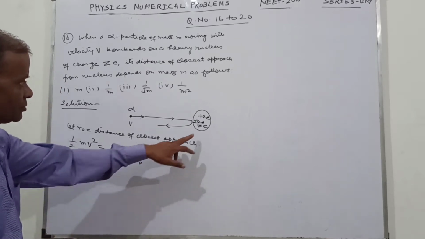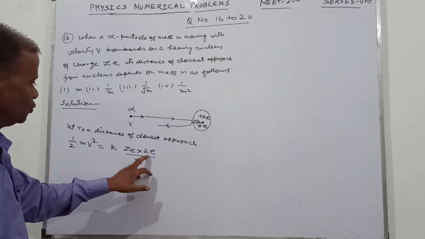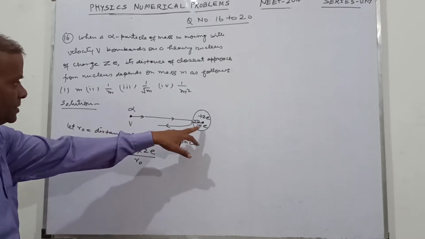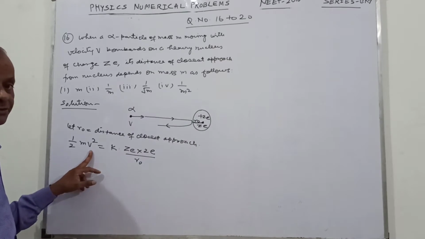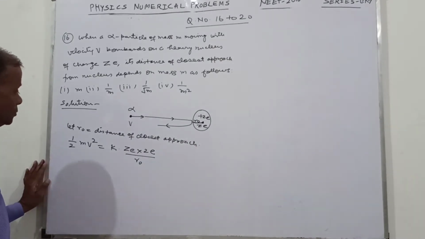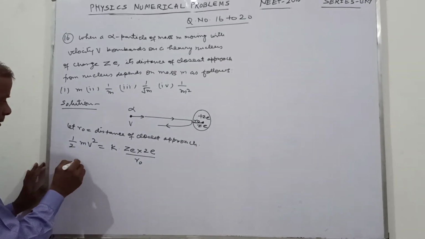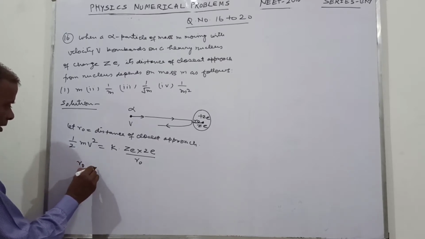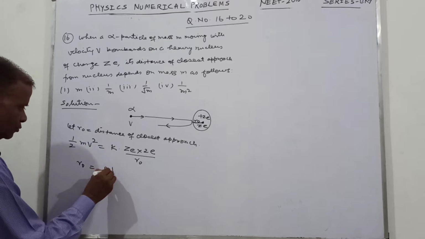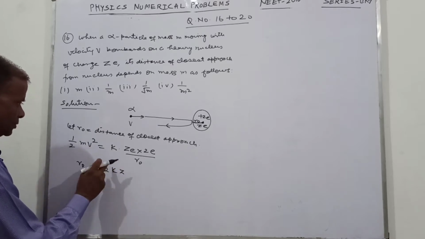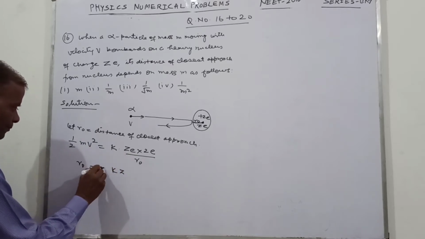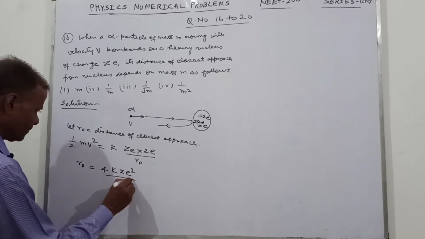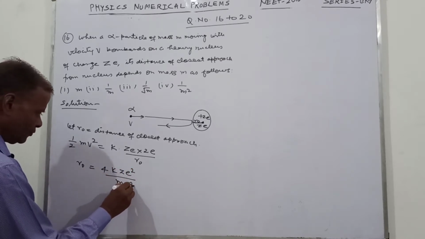Z is the charge of this nucleus, 2e the charge of this alpha particle, and r naught the distance of closest approach, v is the velocity. So now you can see that we have to find this r naught only. R naught equal to 2 k Z, 2 and 2 is now 4 k Z e square upon m v square.